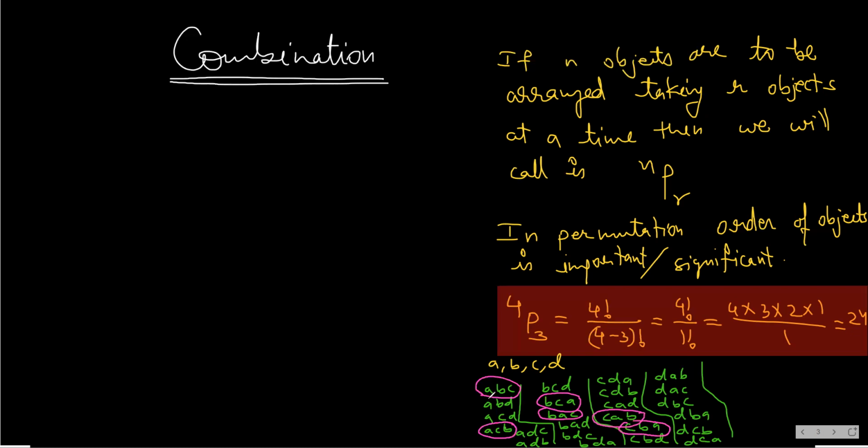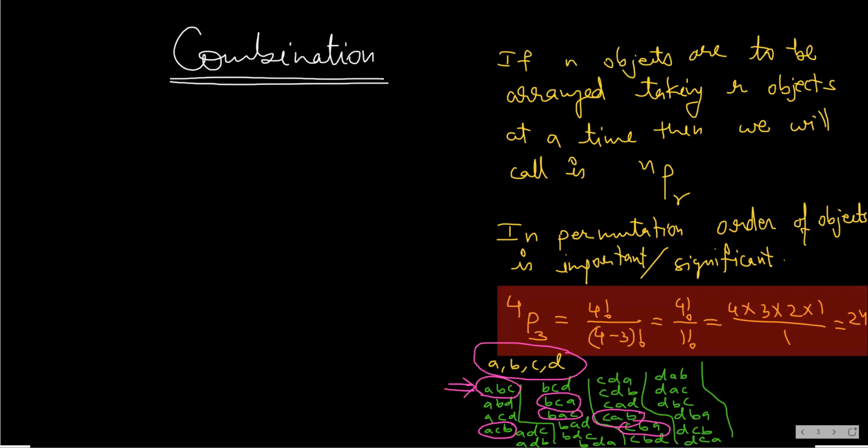So it is not that only the objects taken are important. It is the objects taken and then how they are arranged. So when four objects are given and you are taking any three and doing the arrangement, the order in which you are putting those objects is important.